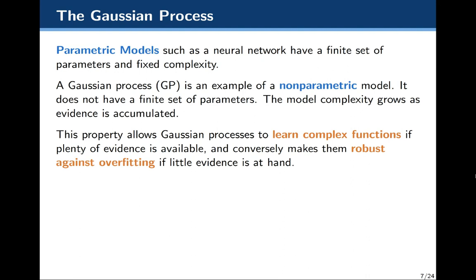And once we've observed enough data to, in the model's eye, successfully estimate the parameters of that model, well, we can't actually increase the complexity of that model at all. It's fixed at what we wrote down initially. And Gaussian processes, they don't do this. They can learn complex functions if we see more and more evidence, and the model can get more and more complex as we see more and more data. And it makes them robust to overfitting because if there's not much data, it doesn't start with an overly complex function. It uses the simplest explanation possible to explain that data.